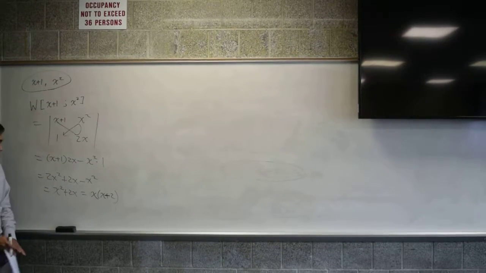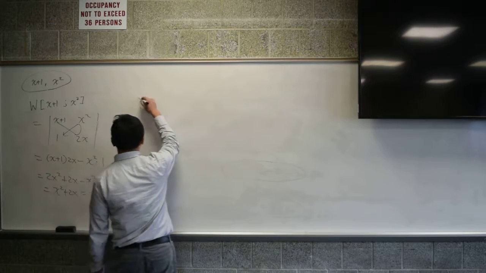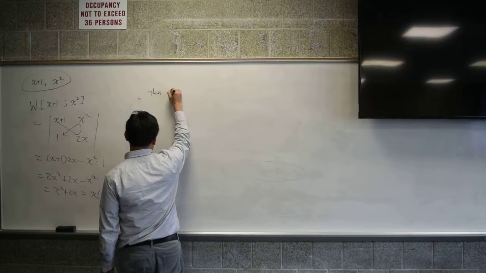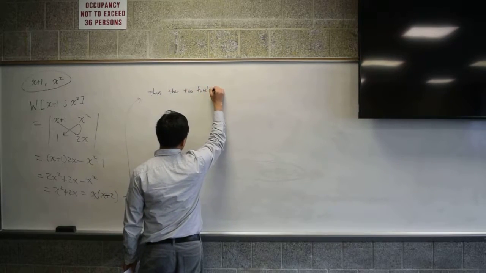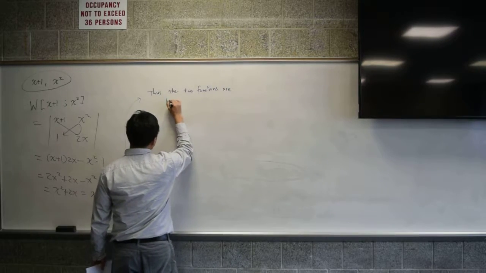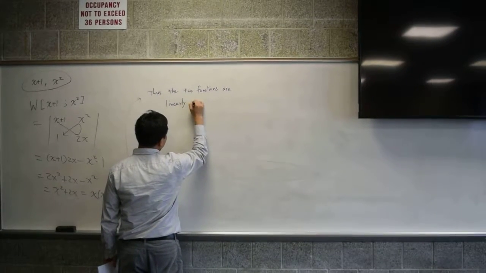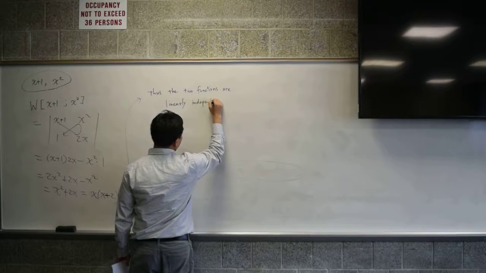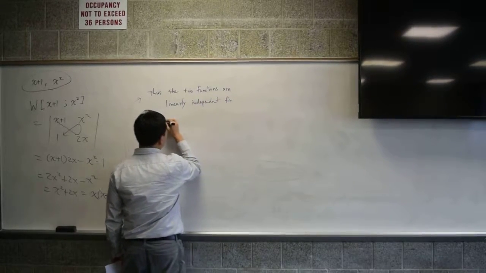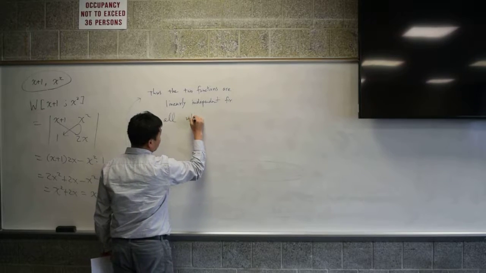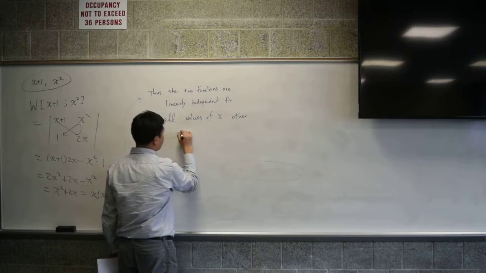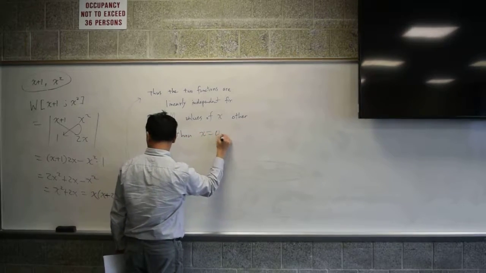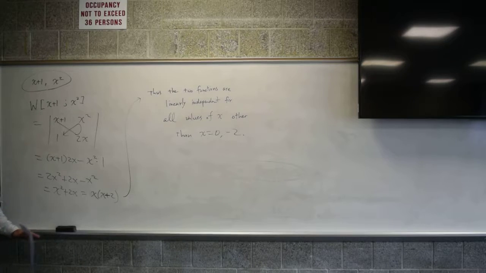In this case, the proper way to say it is that the two functions are linearly independent for all values of x other than x equal to 0 and negative 2. So other than this, they are linearly independent.